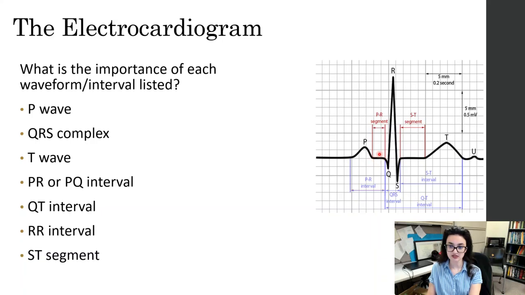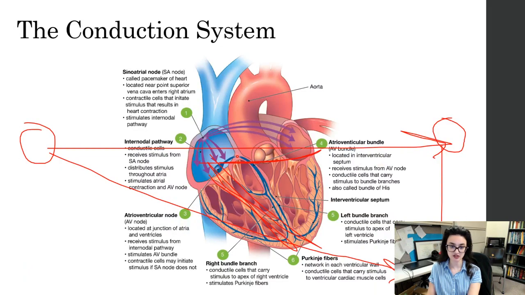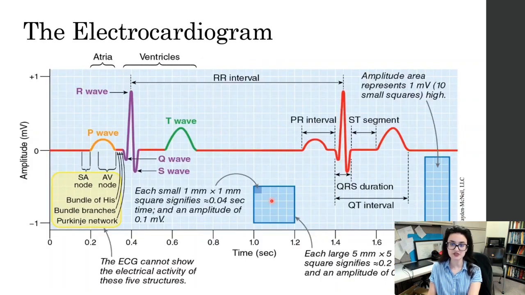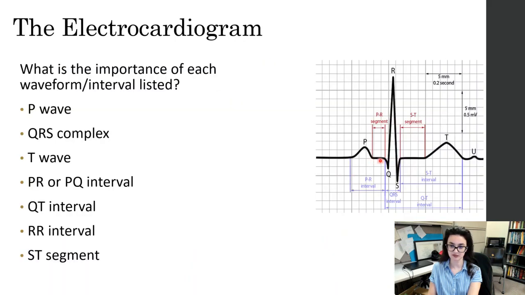If we just look at the segment here, that's important because it's the time between the atria contracting and the ventricles contracting, which means if there's a blockage in this conduction pathway, if the signal gets stopped between, we'll see that here in that PR segment. So that will tell you if there's what we call a heart block, which is a conduction problem. There's a signal not getting through to the ventricles because that PR segment's going to be elongated.